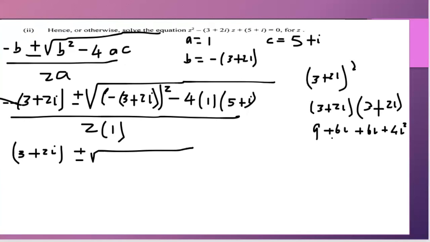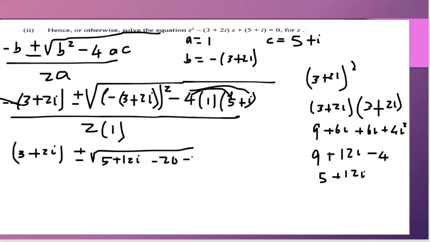i squared is negative 1, so I have 9 plus 6i plus 6i, that's 12i, and this will become minus 4. So 9 minus 4 is 5. So I have 5 plus 12i. And here, this is going to be 5 plus 12i. 4 times 1 is 4. So minus 4 times 5 is minus 20. And minus 4 times i is minus 4i.